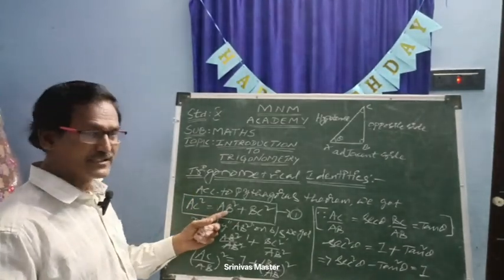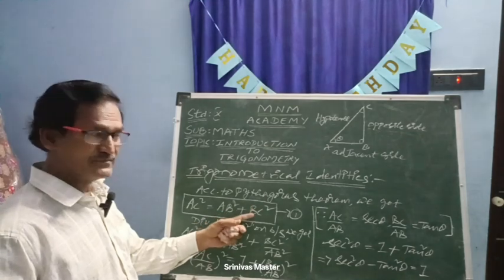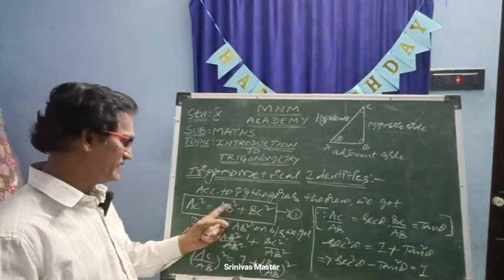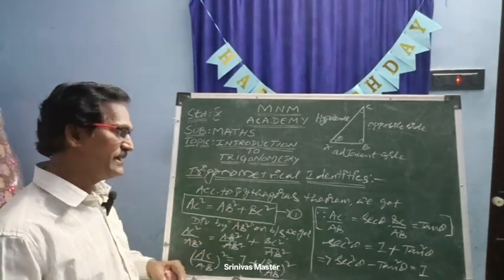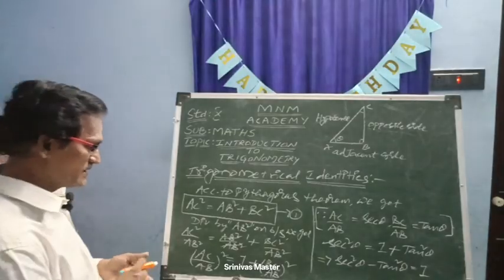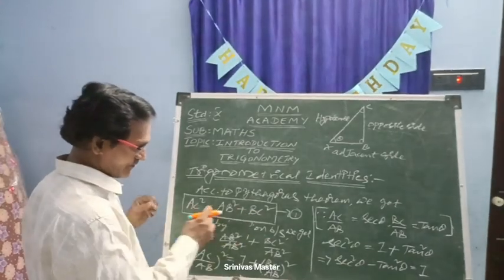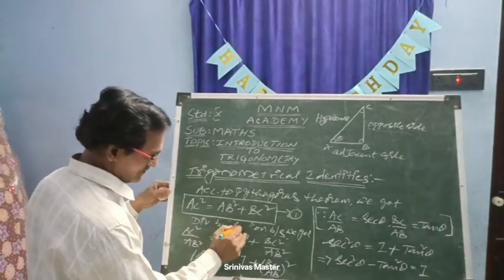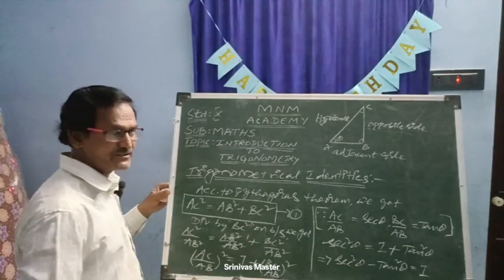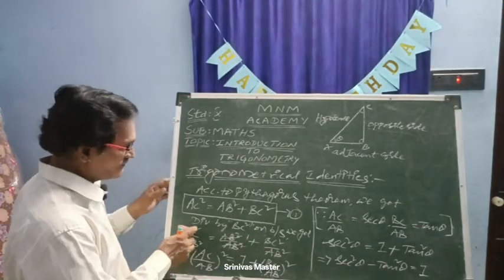Already these two sides are completed. What is the remaining side? BC square. So take this same equation and divide by BC square on both the sides. So what will become, you can see.